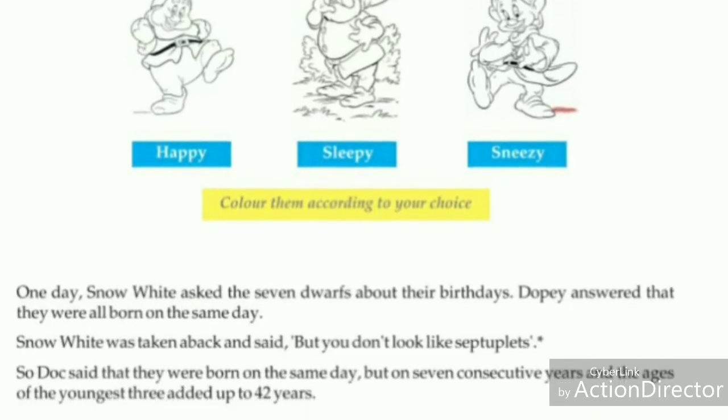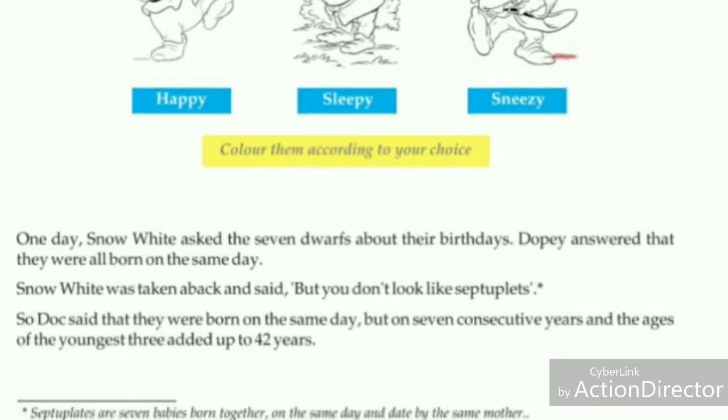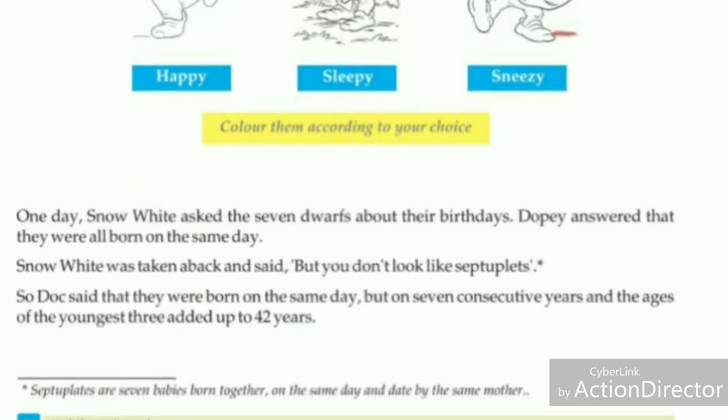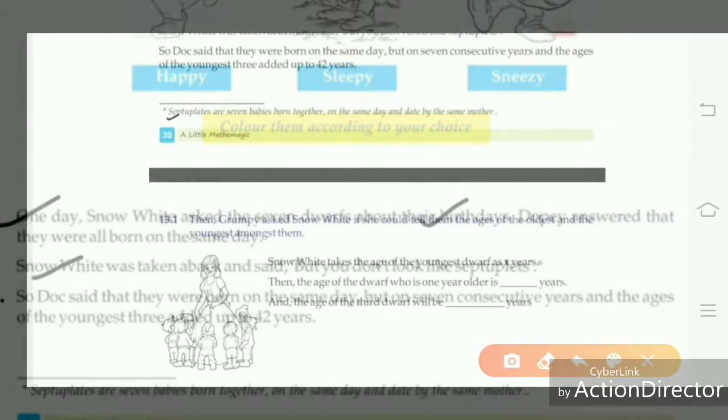So in this story, one day Snow White asked the 7 dwarfs about their birthdays. Dopey answered that they were all born on the same day. Snow White was taken aback and said, "But you don't look like septuplets."